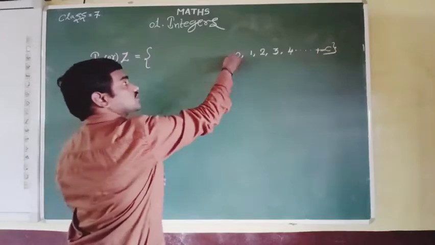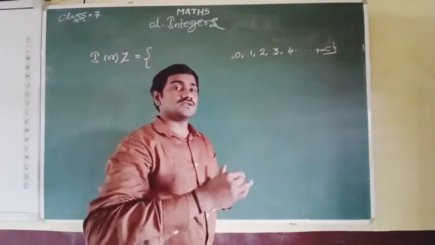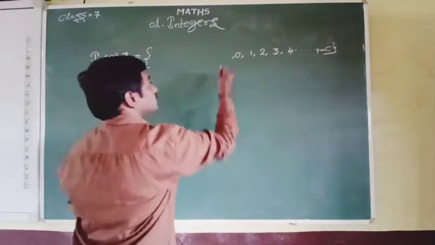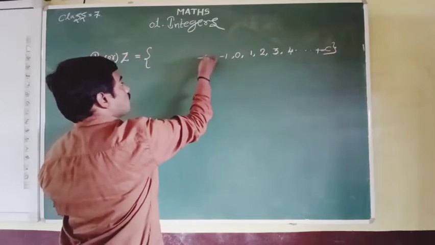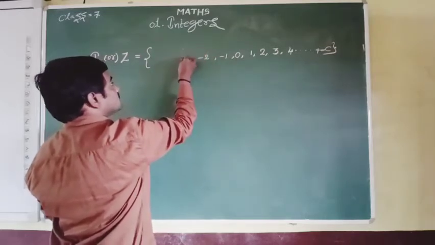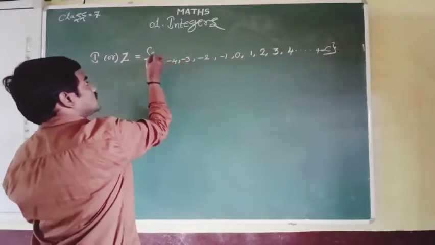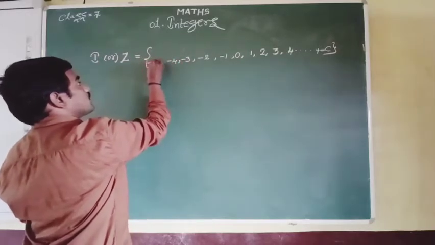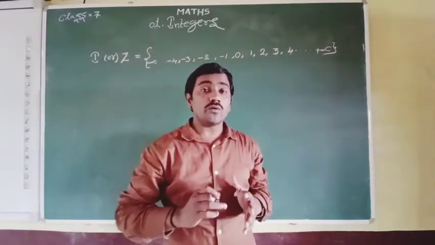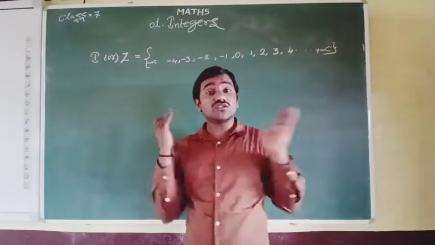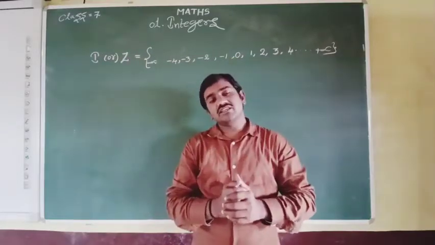Then before the 0 also, there will be numbers, as we have learned in our 6th class. Like -1, -2, -3, -4 and so on till negative infinity. So the bigger collection here, positive infinity to negative infinity, all these set of numbers are known as integer numbers.